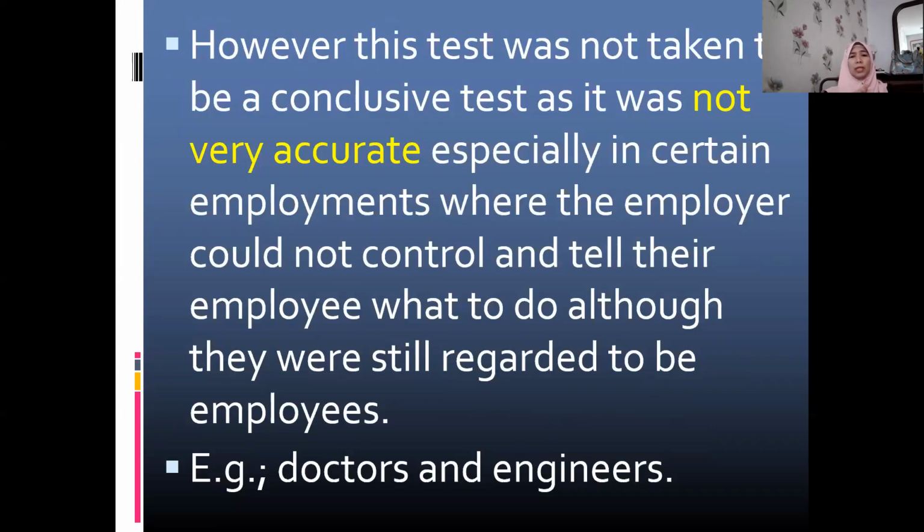For example, doctors and engineers. Usually the superior, whoever the bosses, for example, the employer or even the Ministry of Health, cannot really tell a doctor this is the way to treat the patient. There could be so many ways to treat the patient, so long as the patient recovers. Or even engineers.